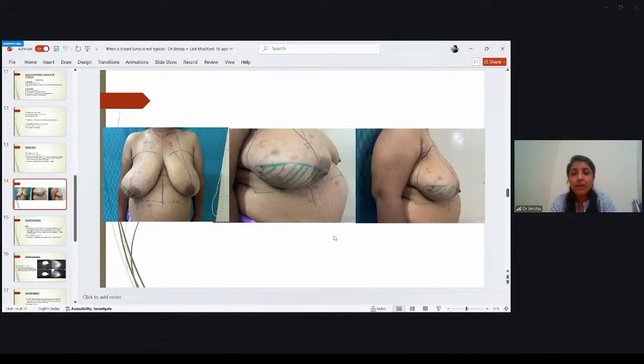Then concluding the examination part, I think benign pathology fits more in this case, as this mass is 9 into 9 centimeter and there is fullness in the outer quadrant of right breast with no nipple changes, and on examination we got lobulation and irregular surface of the lump, and this lump was mobile. So I think I can consider benign breast disease as my first diagnosis after examination part.